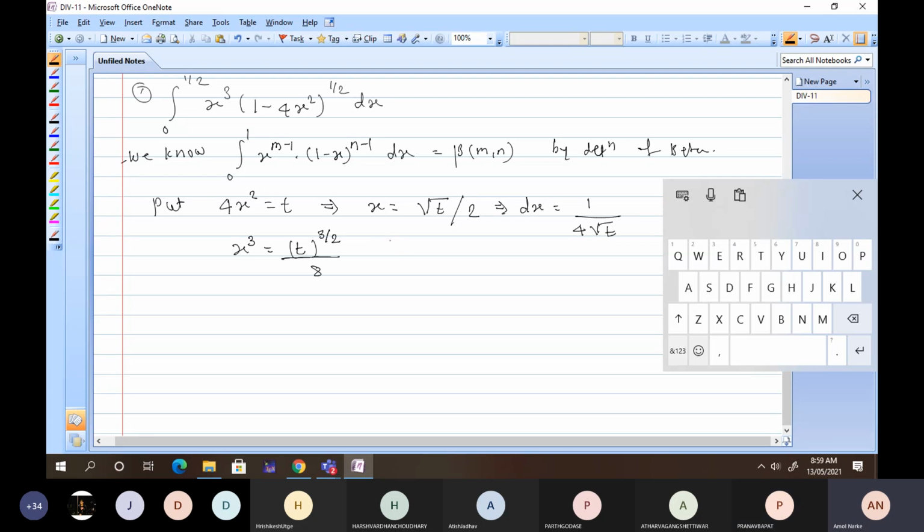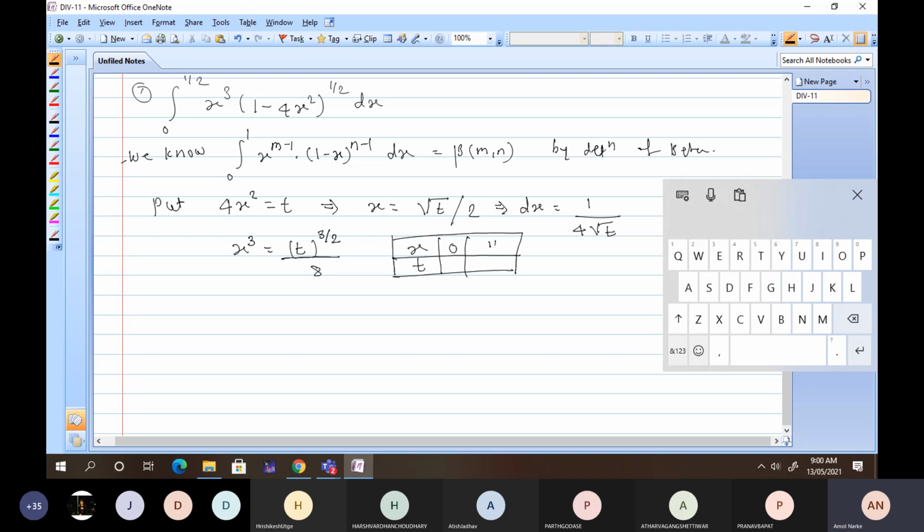Okay. So put every value in the given term, and you need to see how the limits change. Initially we have x, and we are changing in terms of t. So what are the limits of x? Limits are 0 to 1/2.